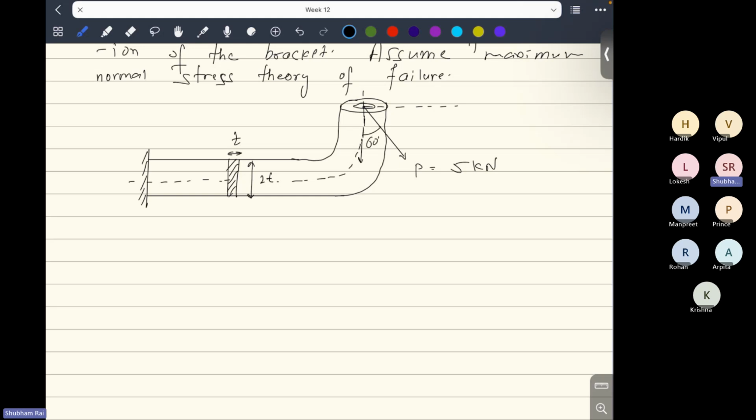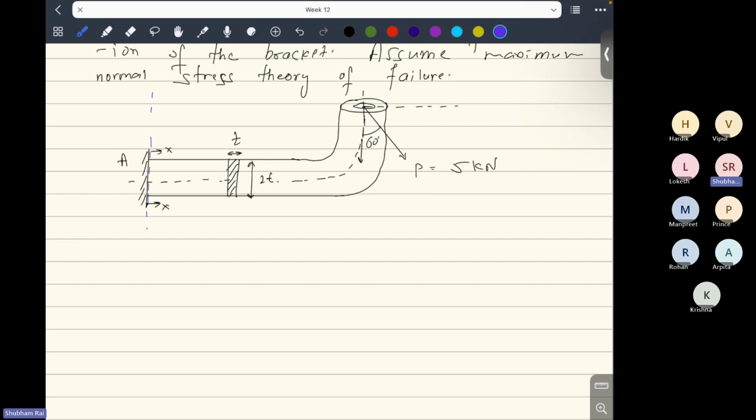It's given in the question. So let's assume this is point A, and this is the cross section. I'm saying that this is the cross section that I'm focusing on, the critical cross section.